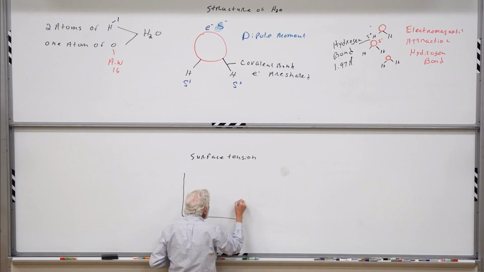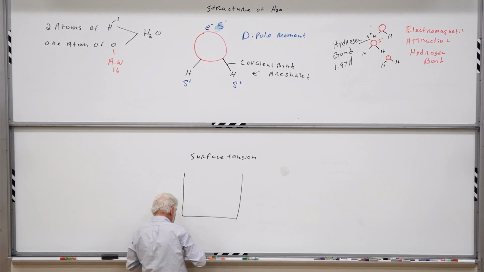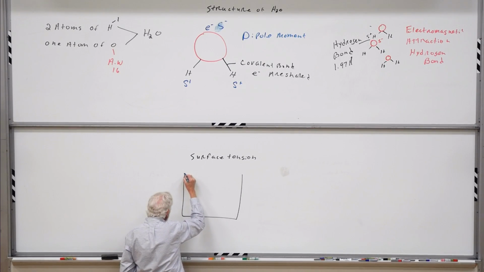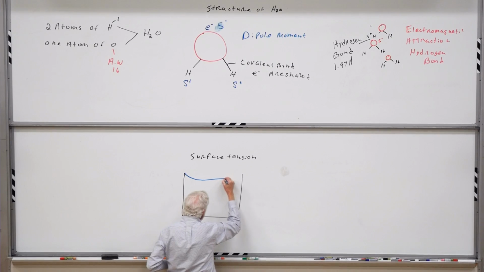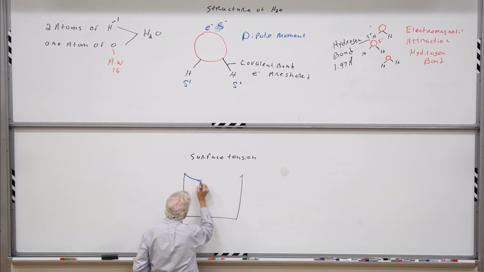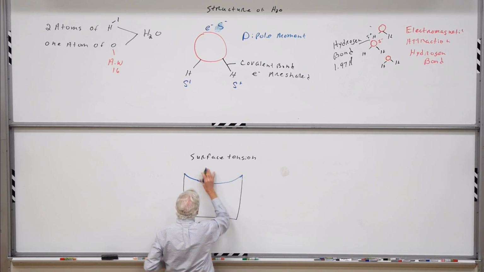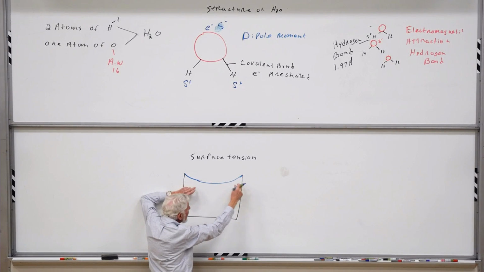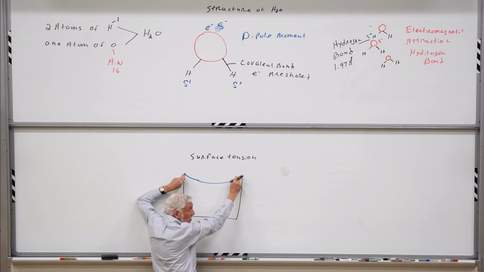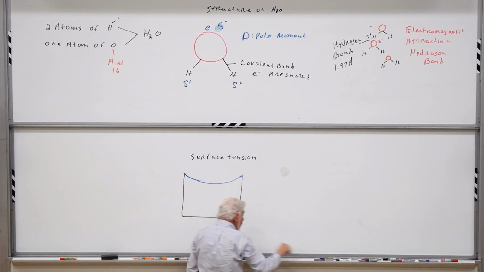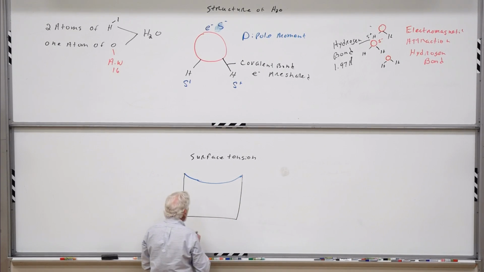If we imagine this is a beaker of water, and if you've ever looked at a graduated cylinder of water, you remember that it has a sort of arc to it called the meniscus. The reason the meniscus exists is that the charge in the glass is such that the water molecules are interacting with the charge in the glass, and that gives us a little upturn at the end of the meniscus. But here within the water column itself, there is also an interaction between water molecules.